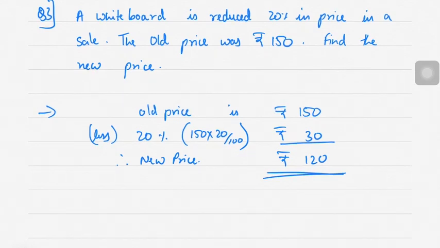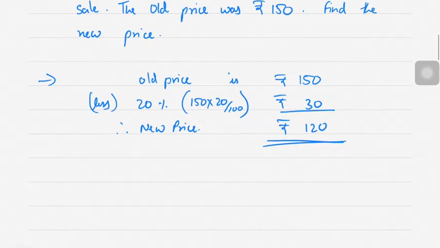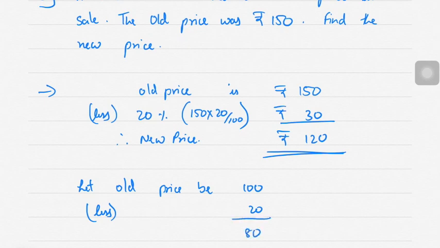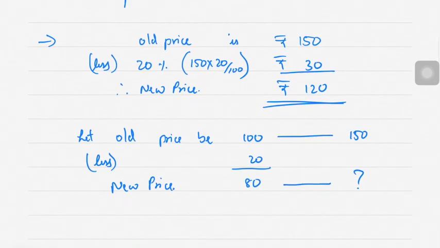Or what you can do is, let old price be 100. This is one way to solve. Other way, let old price be 100. So less 20, you will get 80 as new price. So if 100 is 150, how much is 80?